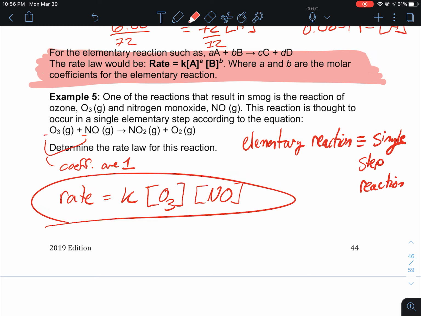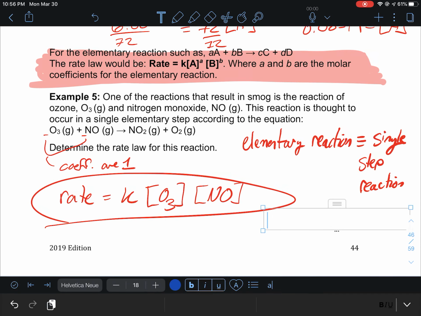So if this ozone and nitrogen monoxide reaction is elementary in nature, then the coefficients of the nitrogen monoxide and the ozone will become the exponents, and those exponents will be 1 in this case.